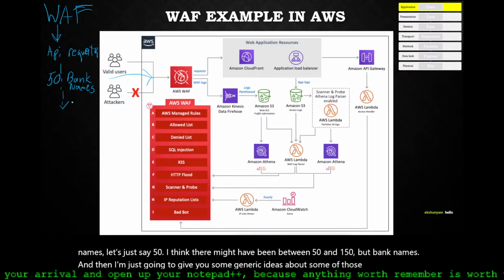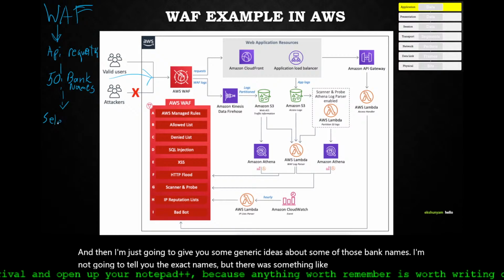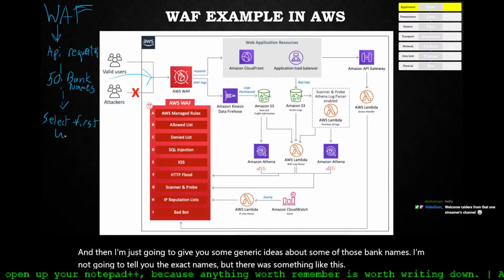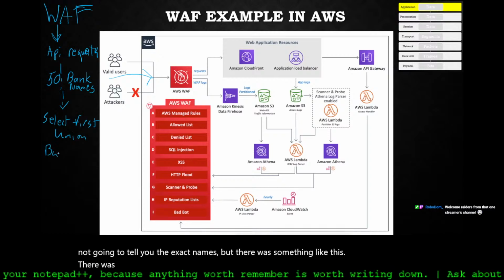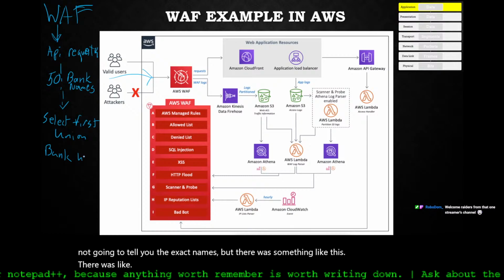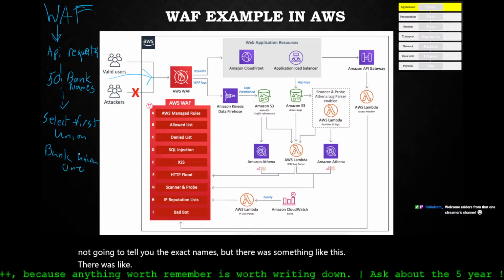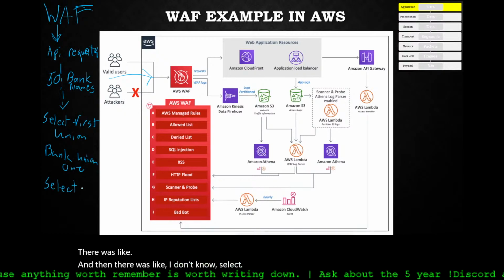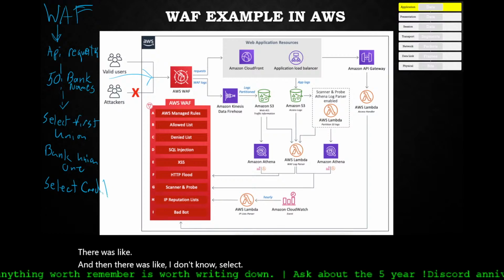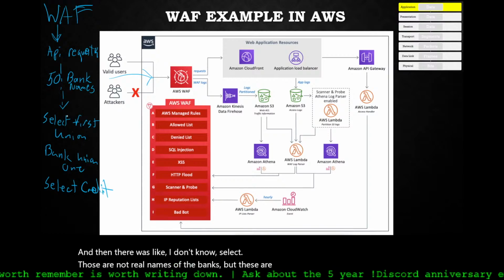I'm not going to tell you the exact names, but there was something like this. There was like, and then there was like, I don't know, select. Those are not real names of the banks, but these are real things that were in the name.